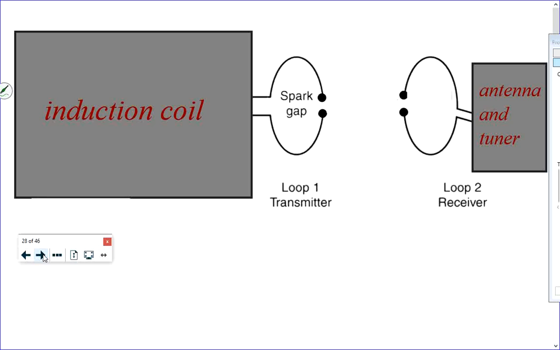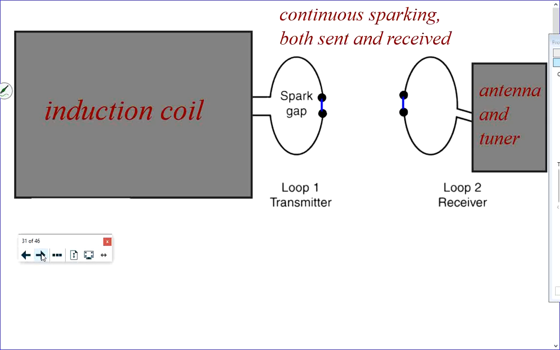But looking up here, when there's a short spark at the spark gap, a very short time later there is a spark received at the loop of wire. So something traveled through space from the induction coil to the antenna. If that's continually sparking, then the antenna will continually be sparking.